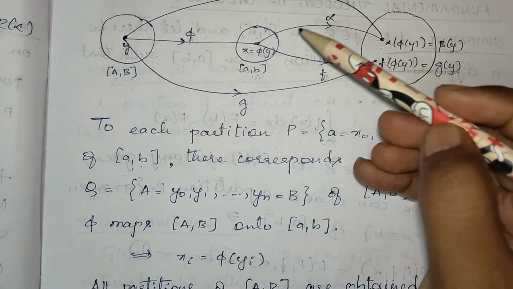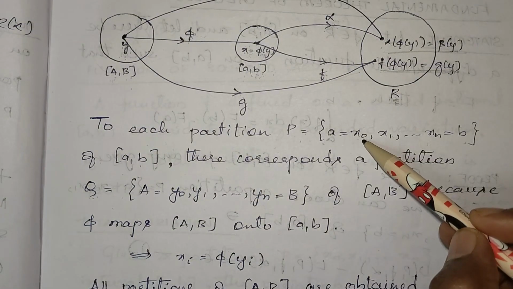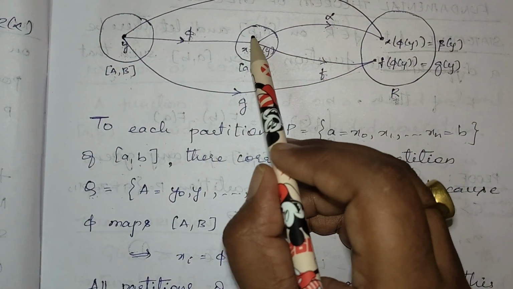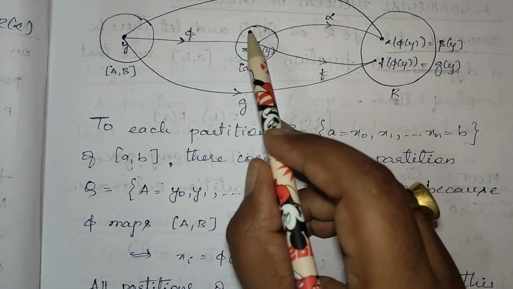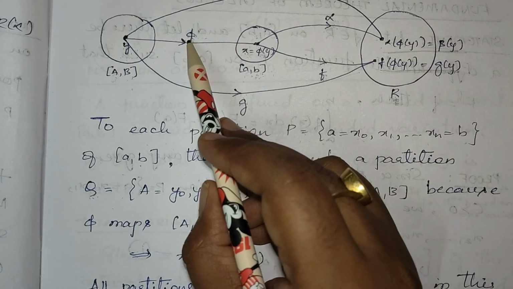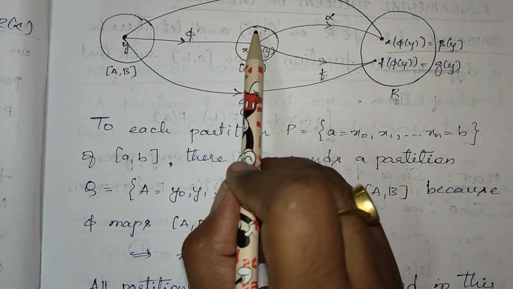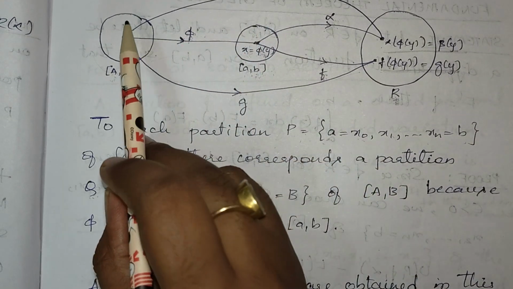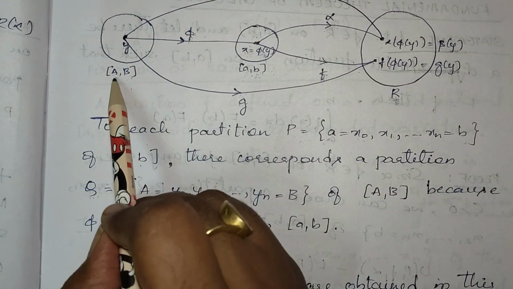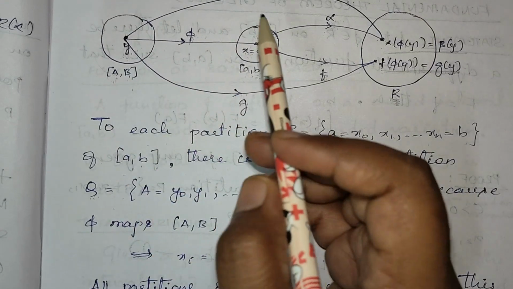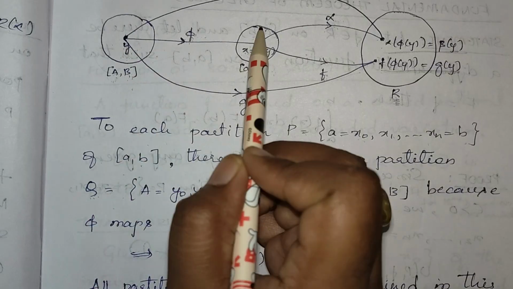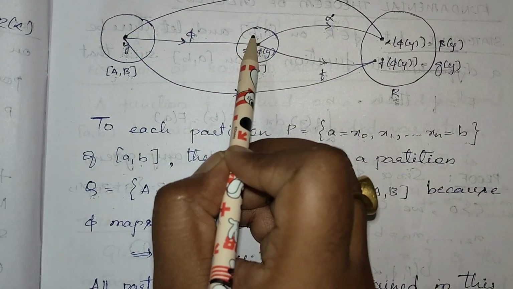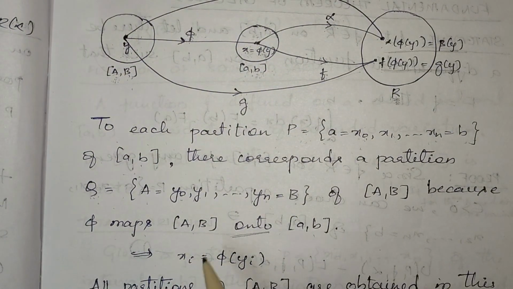Why? Because if we take this x0, it will be here in the interval [a, b], and since phi is onto, this x0 will have a pre-image here in the closed interval [A, B]. So if I take x0 here, then I will take y0 here, which is the pre-image of x0. That implies xi is equal to phi of yi.